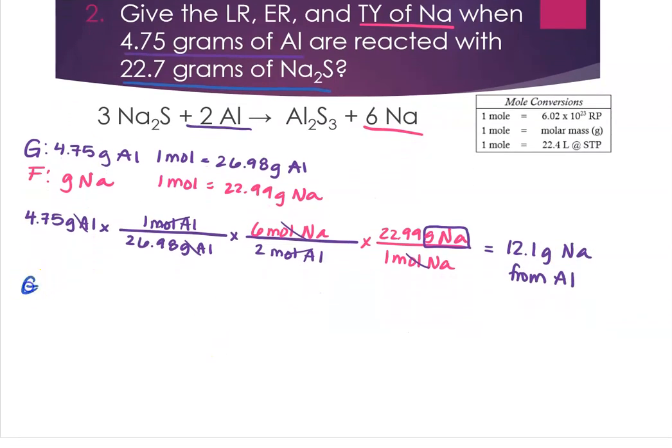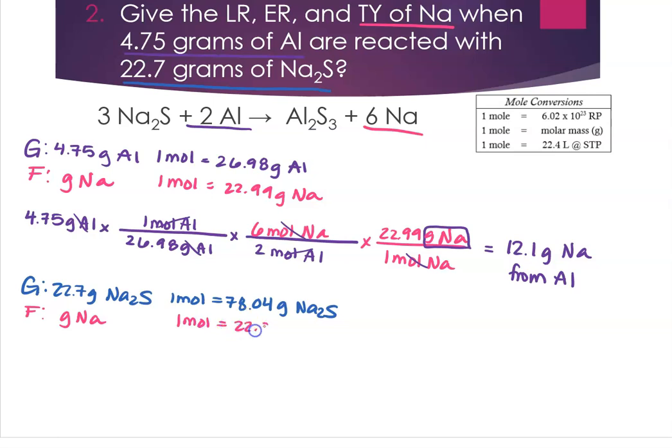All right, now let's do the second one, which is 22.7 grams of Na2S. And I'm still trying to find grams of Na. So I'll need molar mass Na2S, which is the same as it was in the previous problem, 78.04 grams. And the molar mass of sodium is the same as it was above as well.